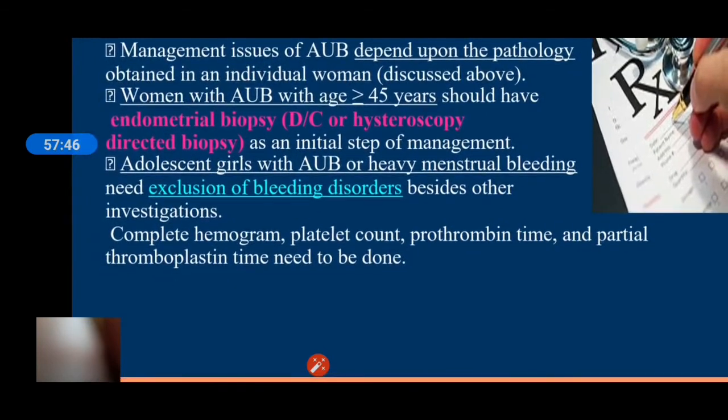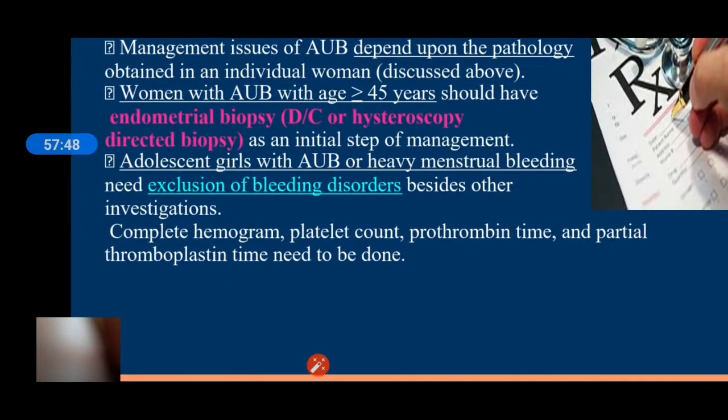Adolescent girls with AUB or heavy menstrual bleeding need exclusion of a bleeding disorder. If the bleeding is occurring in adolescent girls, whose age is less, and if it is too heavy, then you have to rule out a clotting mechanism problem or any bleeding disorder, like platelet deficiency, idiopathic thrombocytopenic purpura, von Willebrand's disease, or any hematological problem.